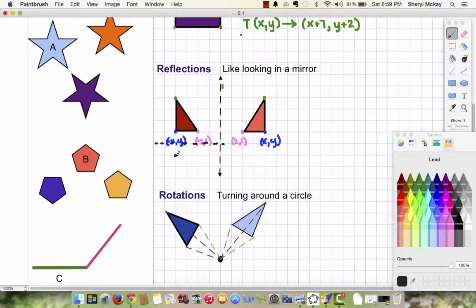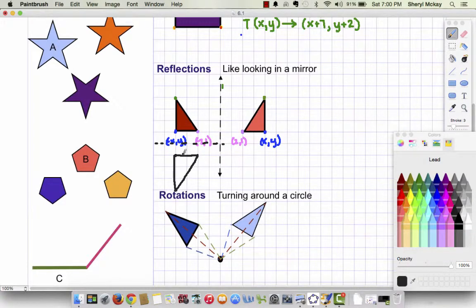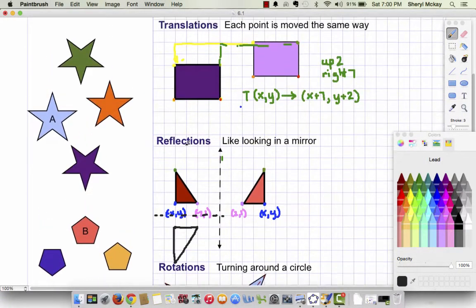Now notice our x's are staying the same, but our y's are changing, and then we would go 1, 2, 3, 4 away, and then this one would be here, and then we would connect our lines like this. And you can see that we've just reflected over this line right here. Okay, so that's a vertical reflection over a horizontal line. So those are reflections.